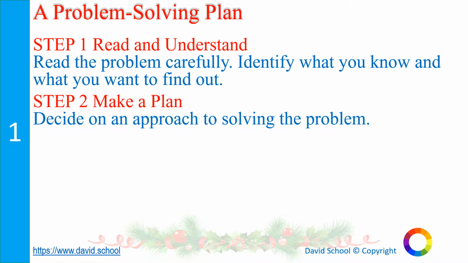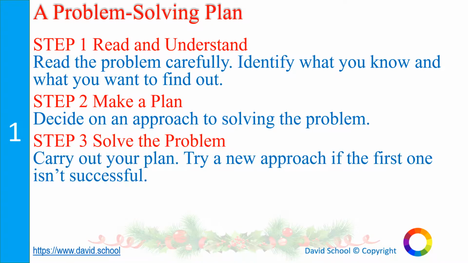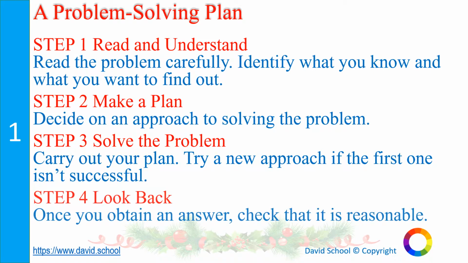Sometimes we use formulas, pictures, graphs or tables. Once you've made a plan, we use the plan to solve the problem. We try a new approach if the first one is not successful. And finally, we look back and check whether the answer is reasonable.